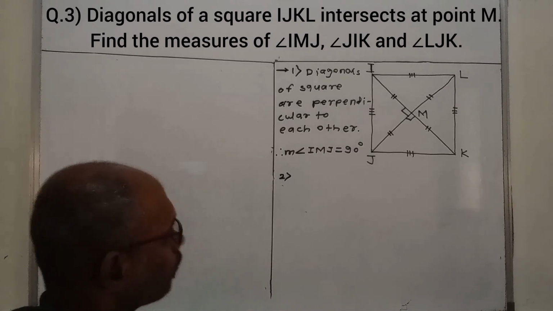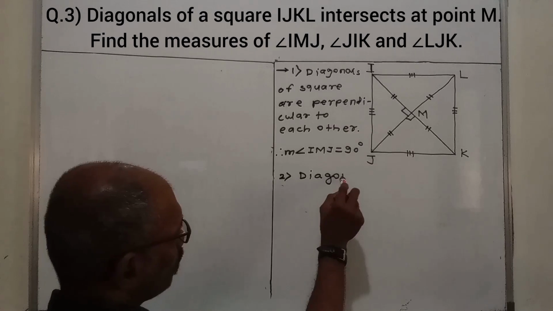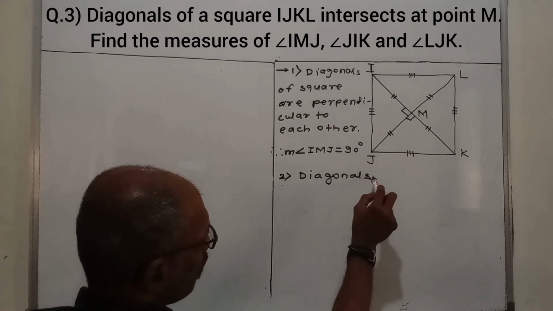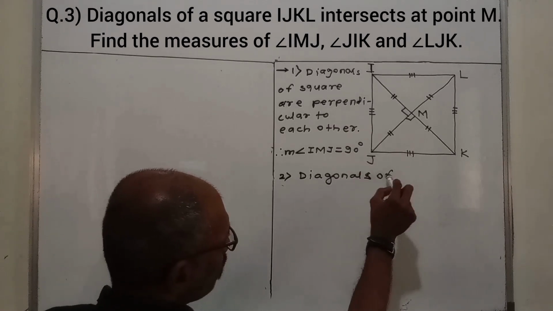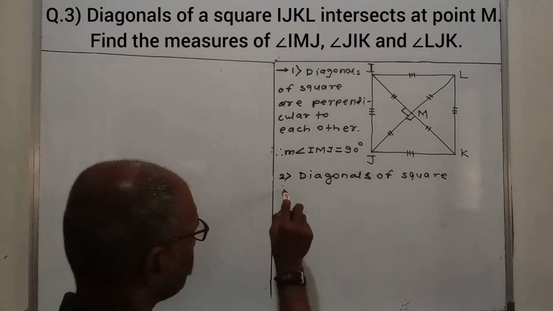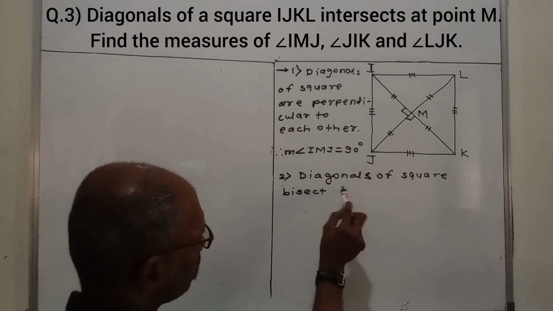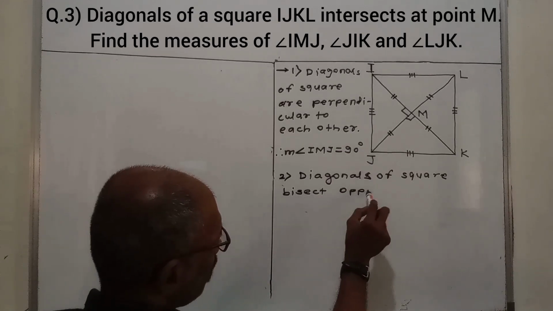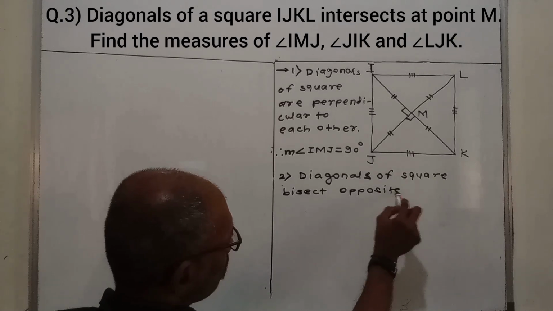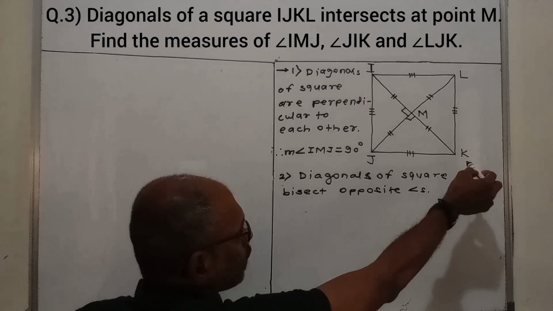Did you get it? See here, diagonals of square bisect opposite angles.